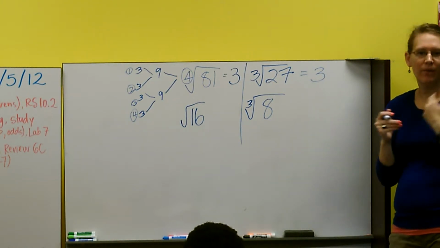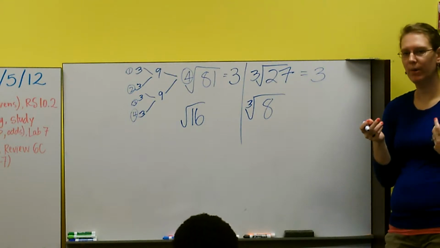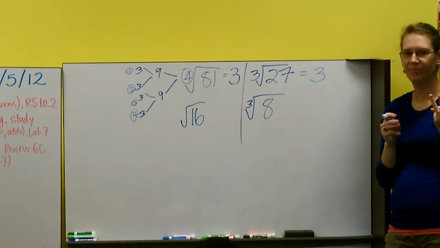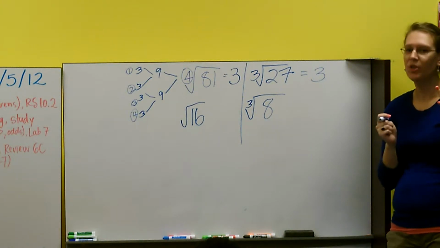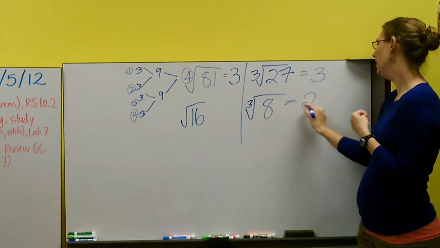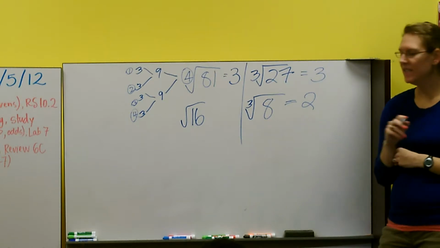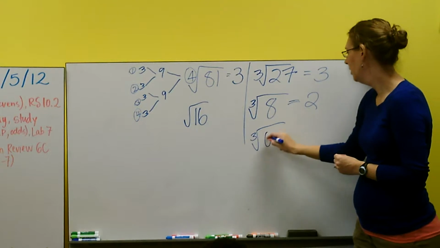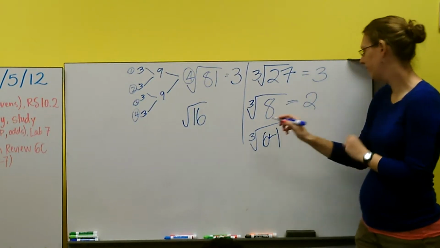The third root of 8. So Portia, the third root of 8. What times itself gets us 8? 2, exactly. So that one breaks it down. What if I said the third root of 64?